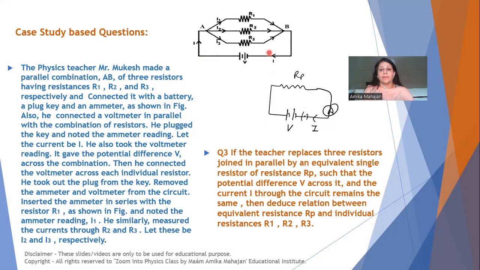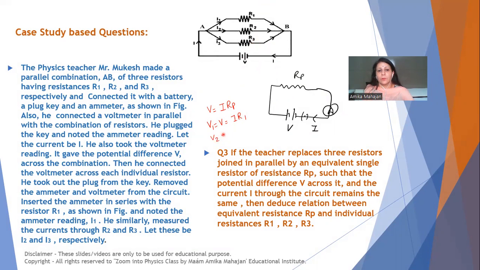Now check here. He says the same current I and the same voltage is there in both the situations. When I take this equivalent resistance, single resistance RP, then what I find is that this voltage will be I into RP. So when I find this circuit, what I find is that the voltage across 1 will also be V, which is equal to I1 into R1.